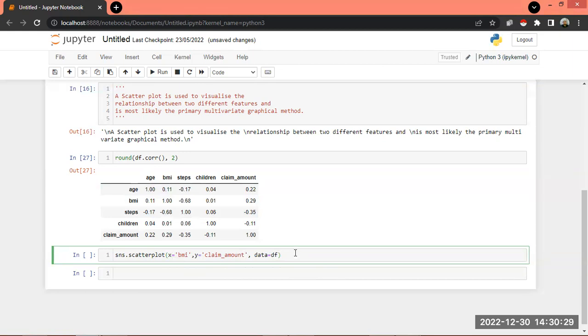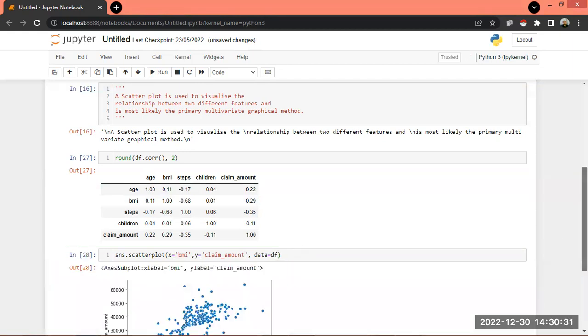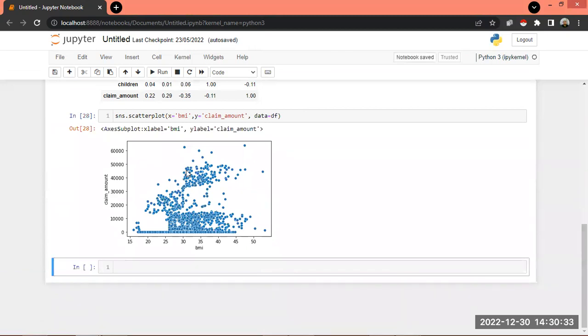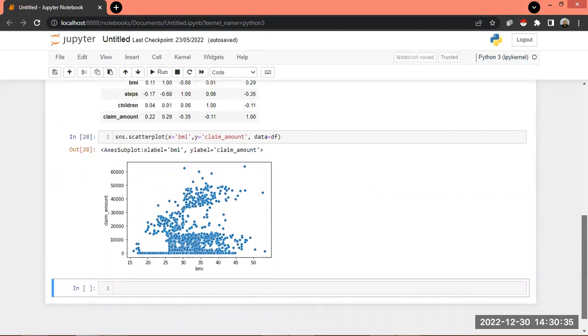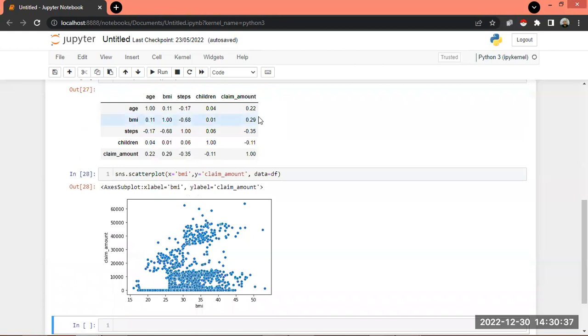So if we decide to run this, now we can see that from that correlation table, 0.29, there's no good linear relationship between these two. Okay, assuming we had 0.78 as the correlation figure here, we'll see that the figure will be almost a linear relationship.